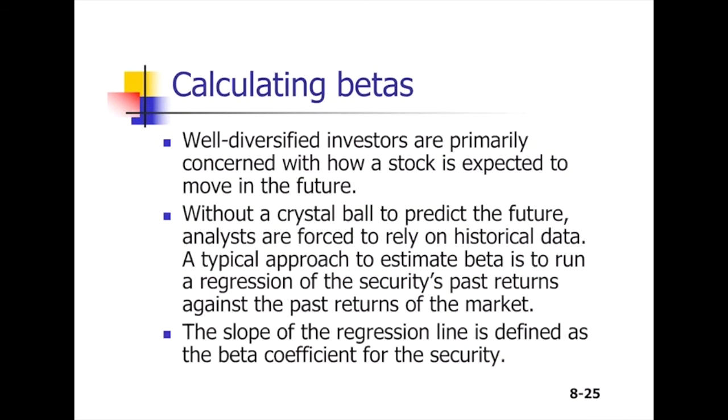It shows how to calculate betas. Well-diversified investors are primarily concerned with how a stock is expected to move in the future. So in the previous CAPM equation, Ri equals RRF plus expected market return minus RRF, multiplied by beta.